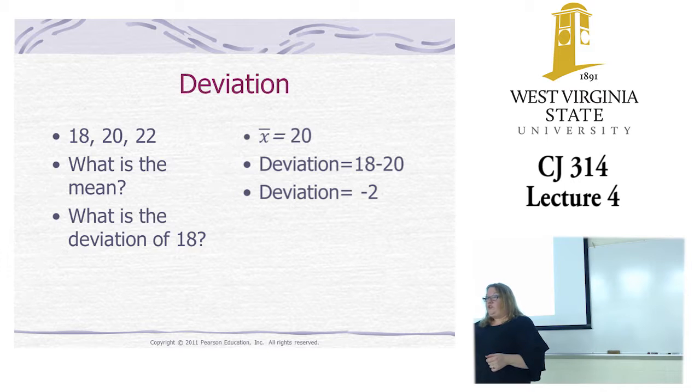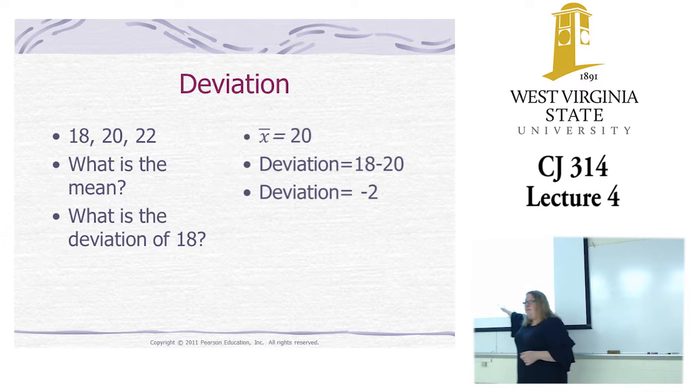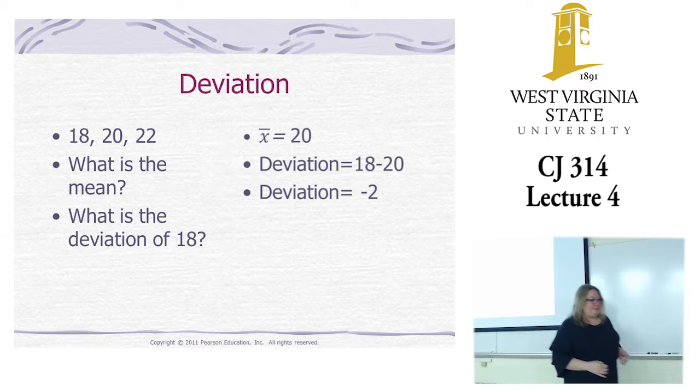So raw score is 22 minus the mean for this data set, which is 20. So what's the deviation of 22? 2. The deviation is whatever raw score I ask you about minus the mean for that data set. You got it? Okay.